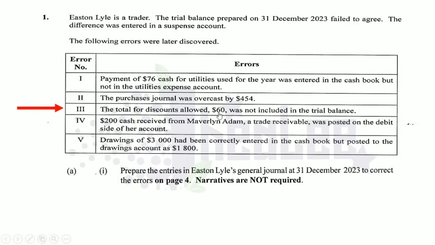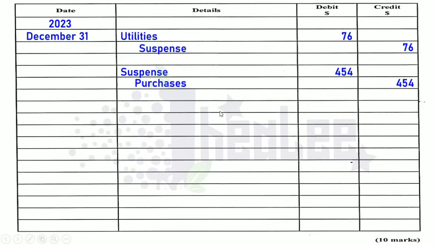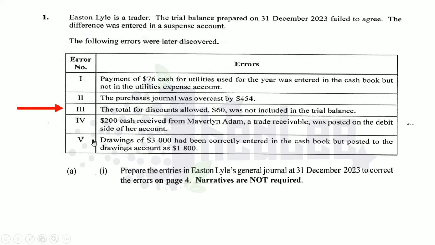This amount was omitted from the discount allowed, so it therefore means that we're going to debit the discount allowed to show that increase in it. And to complete double entry, we're going to use the suspense account. So the entries are debit discount allowed with $60 and credit suspense with $60. All right, let's move into the next error.